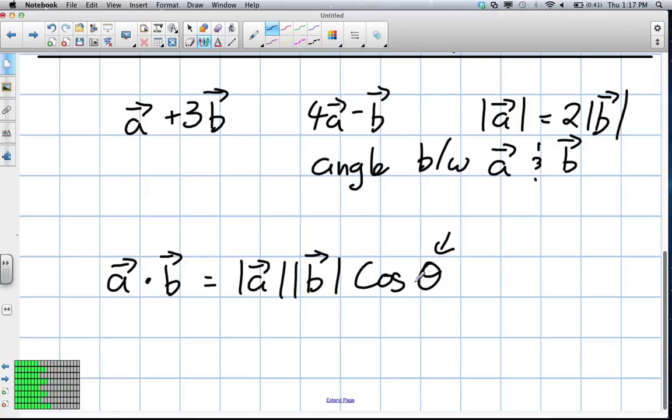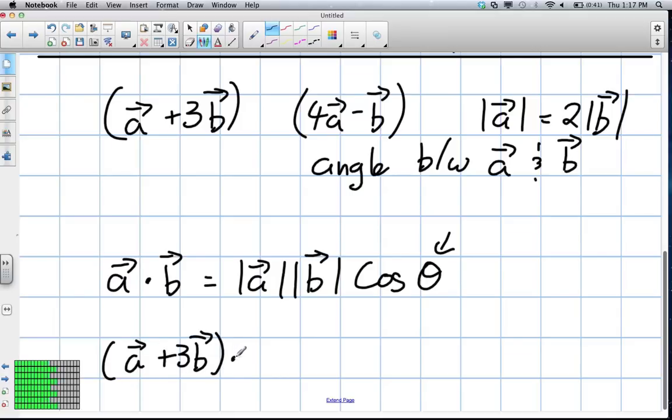Okay? So what that means in this question is the dot product between these two vectors is going to be equal to 0 because they're perpendicular to each other. So that means vector A plus 3b dot product 4a minus b is equal to 0, because those two resultant vectors are perpendicular to each other.